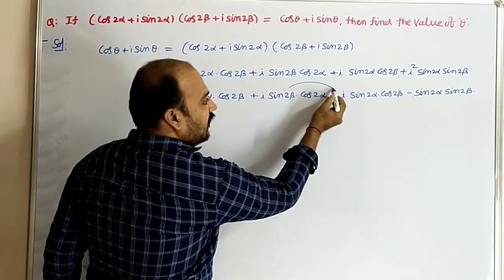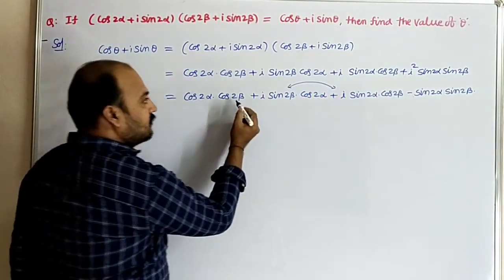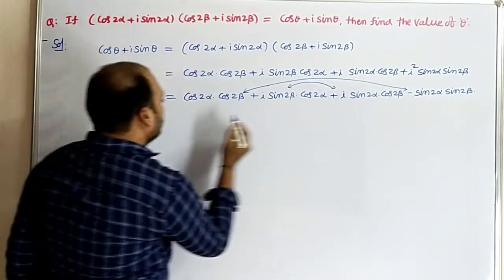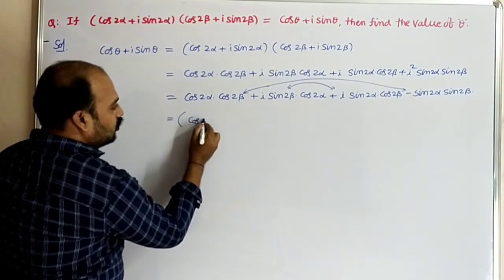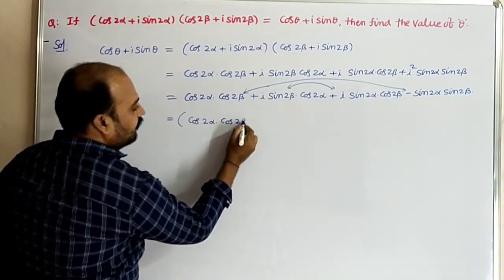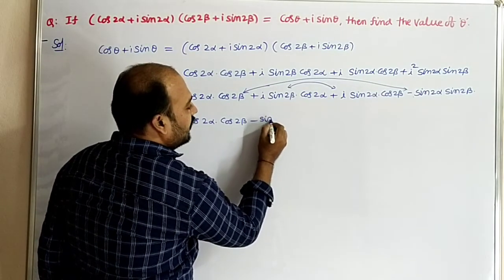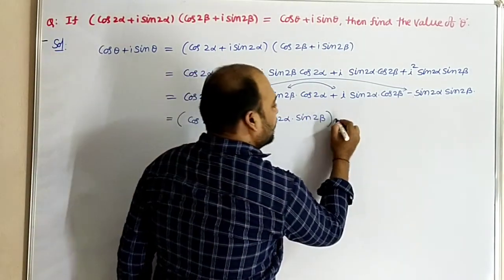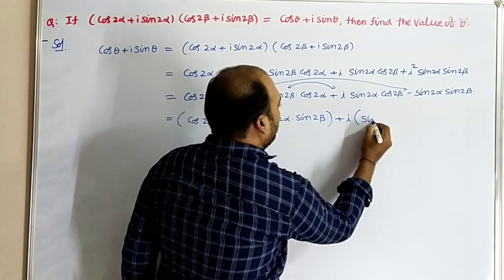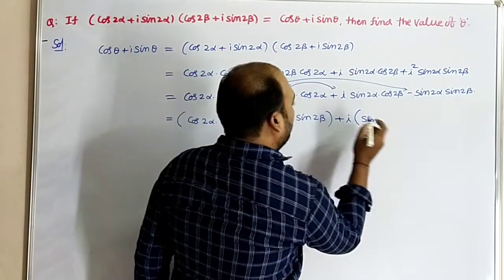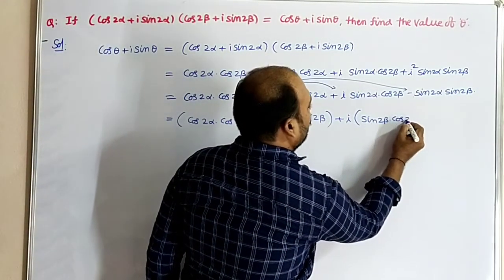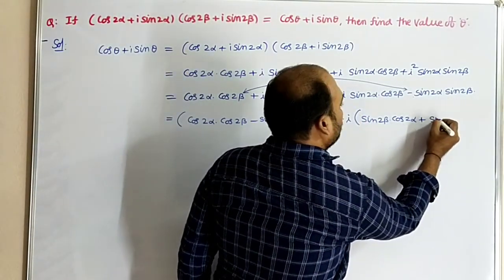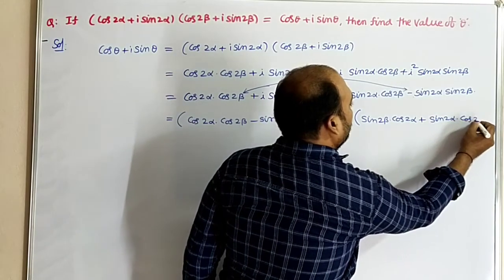From these two we are taking common i, and from these two making as one term. That is equal to, keep bracket, cos 2 alpha into cos 2 beta minus sin 2 alpha into sin 2 beta. From these two I take common sin 2 beta into cos 2 alpha plus sin 2 alpha into cos 2 beta.